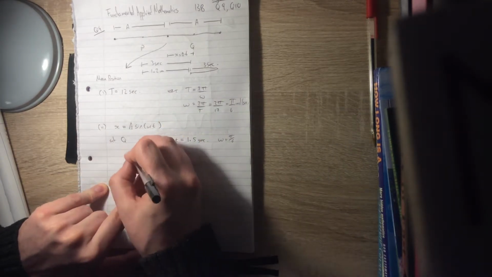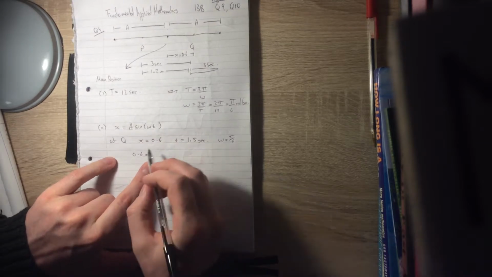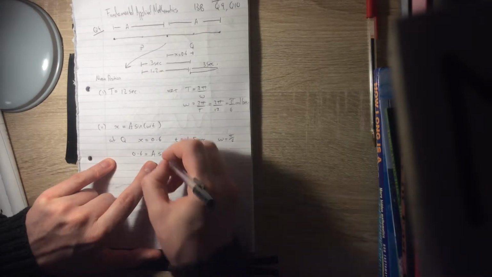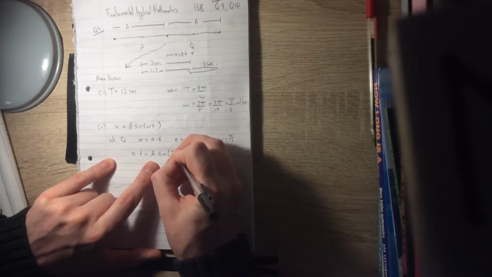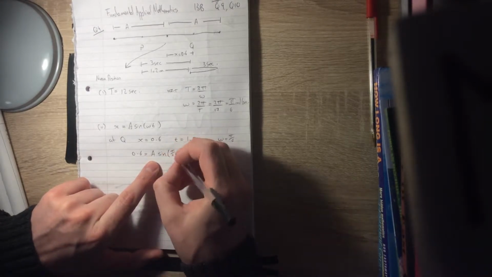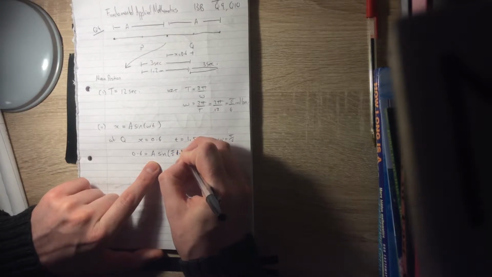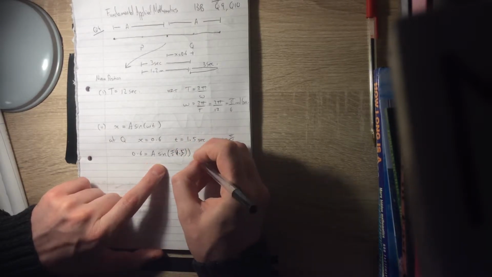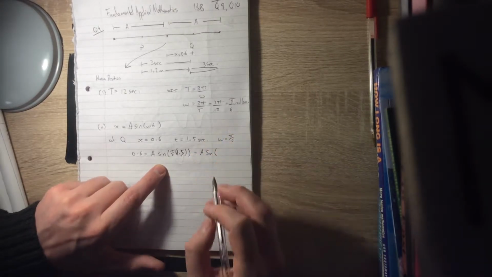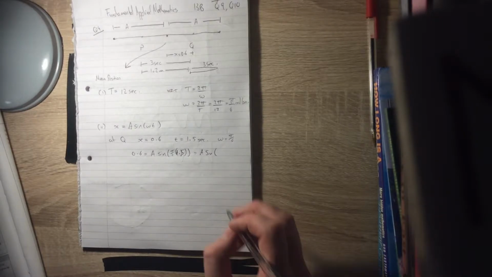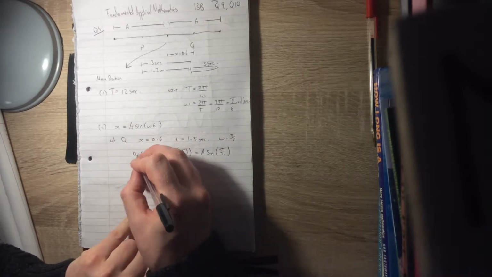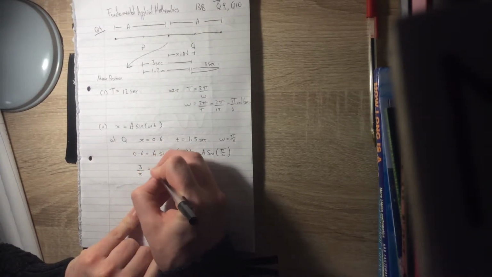So we can come along and say, well, 0.6 equals A sine, omega is pi over 6, times t. Sorry, pi over 6 times 1.5, my apologies. So that's going to be A sine of pi over 6 times 3 over 2, which is pi over 4. And let's say that's 3 over 5 equals A sine pi over 4.